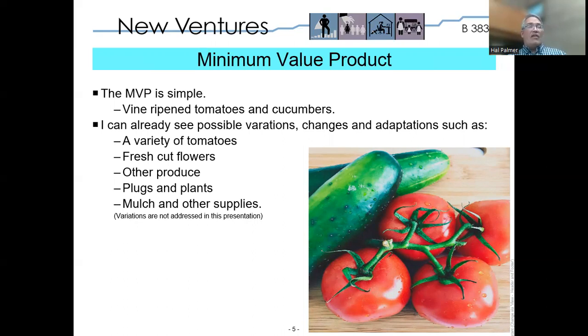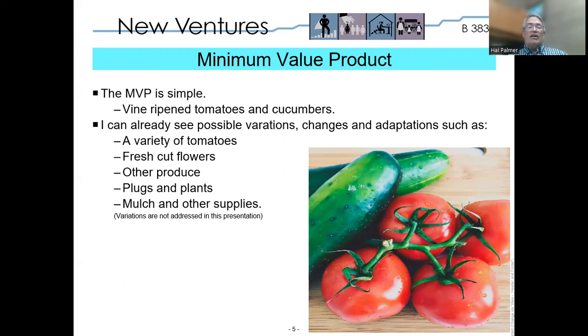Like, for example, having a variety of tomatoes, because there is a wide variety of tomatoes and cucumbers. And this will also distinguish our products from what you find in the store, where you usually find just a couple of different varieties of tomatoes and cucumbers.